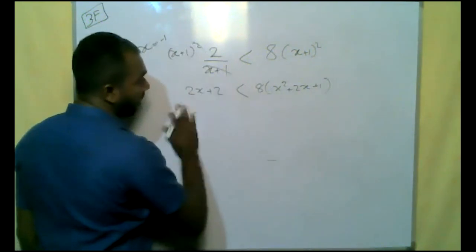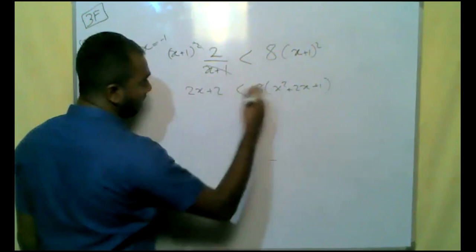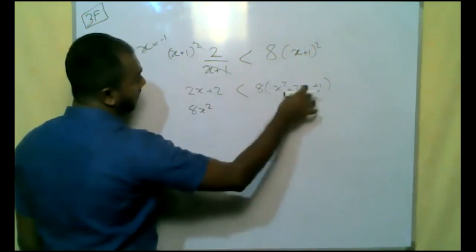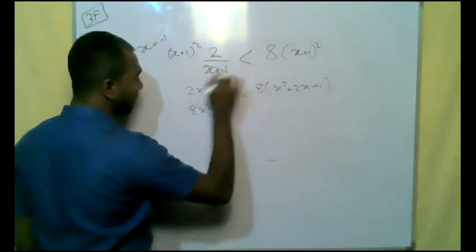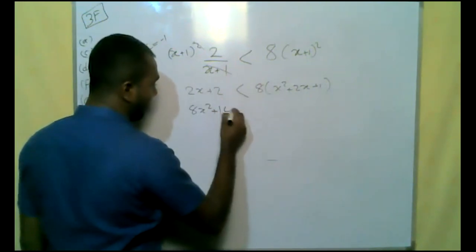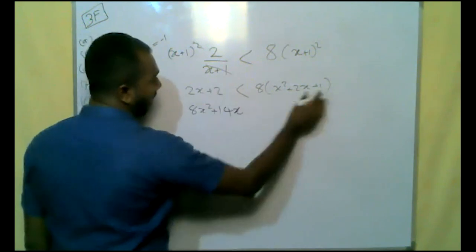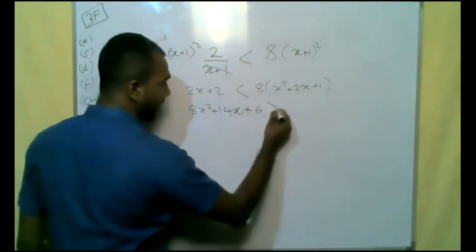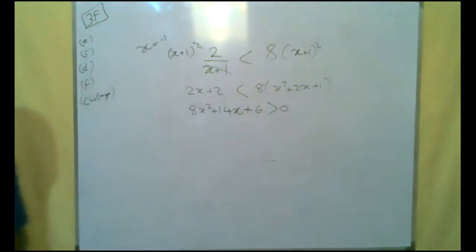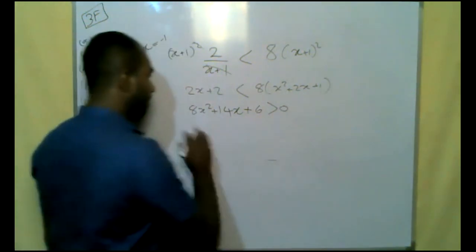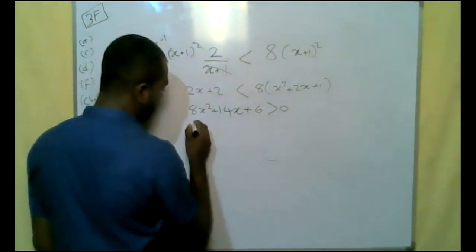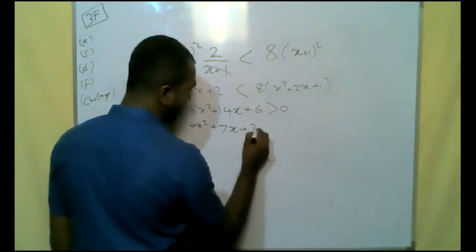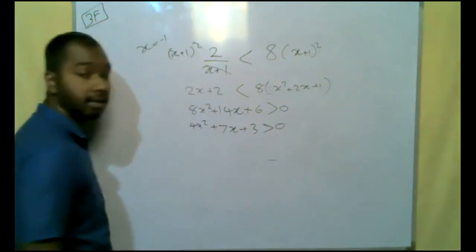So 8x squared on the other side. Here comes 16x minus 2x, so it will be 14x. 8 minus 2 is going to be 6, and greater than 0. We can divide everything by 2. So we have 4x to the power 2 plus 7x plus 3 should be greater than 0.